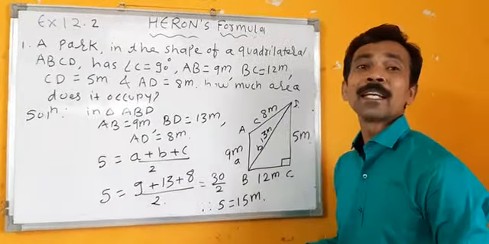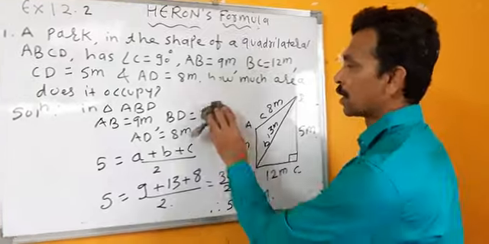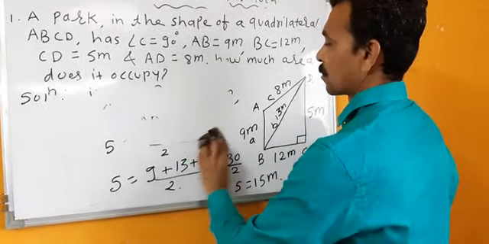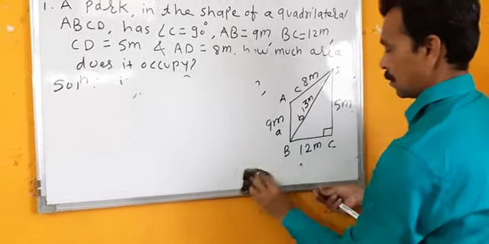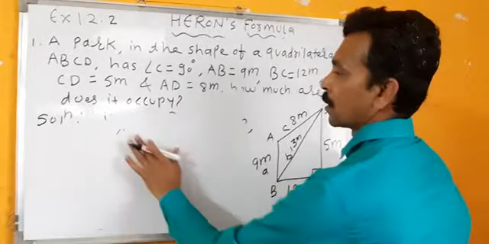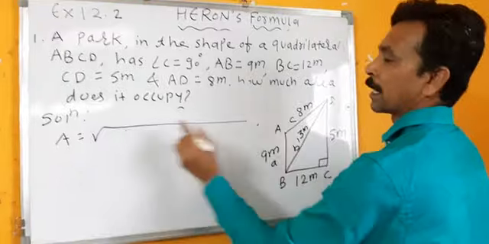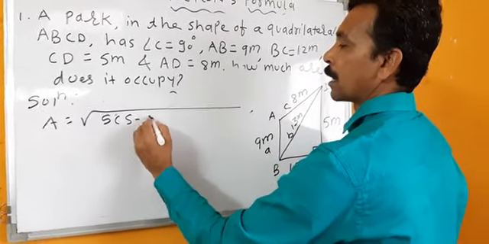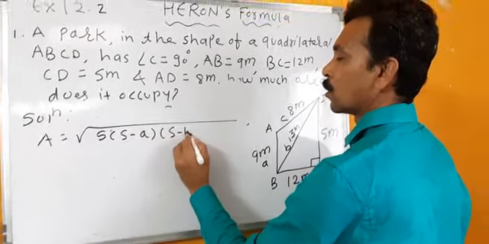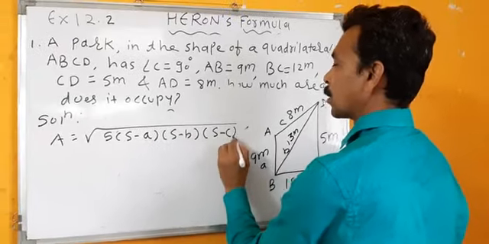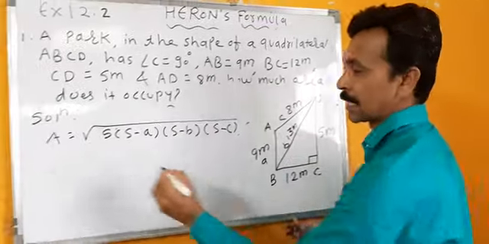Now I will find the area using Heron's formula. Area is equal to under root s into s minus a into s minus b into s minus c.